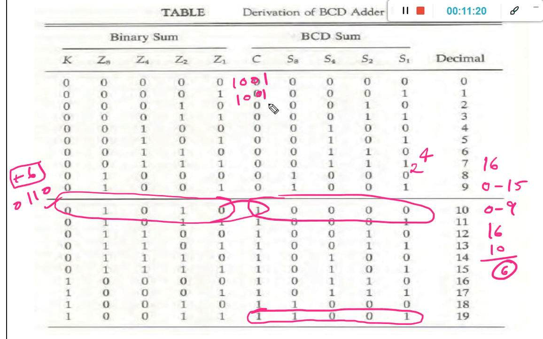Assume that there is an input carry 1. Then we got 1001. So 1 means 0001, 001 means 3. So we got 13, but the correct result must be 19. So that's why we need to add plus 6.